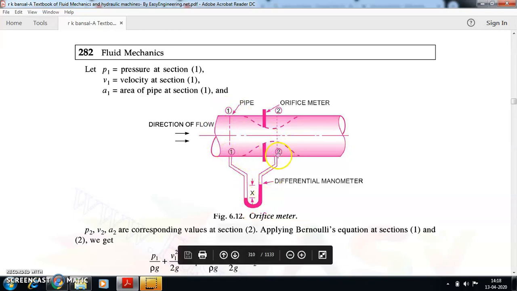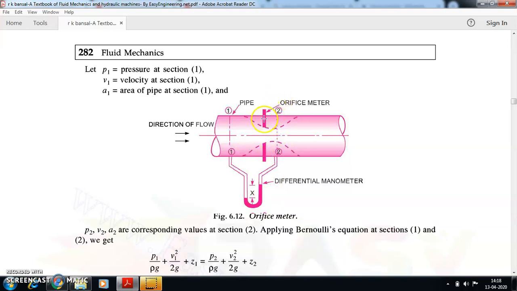The other section, section 2, will be after the orifice meter, and it will be around half of the orifice diameter. Very near to the orifice meter you will have section 2, and a little bit far away from the orifice meter you will have section 1.